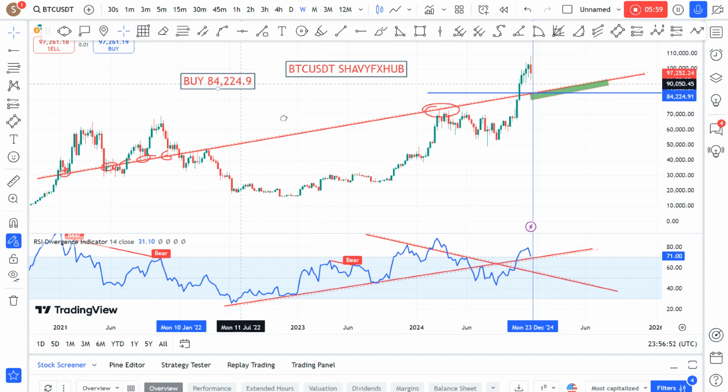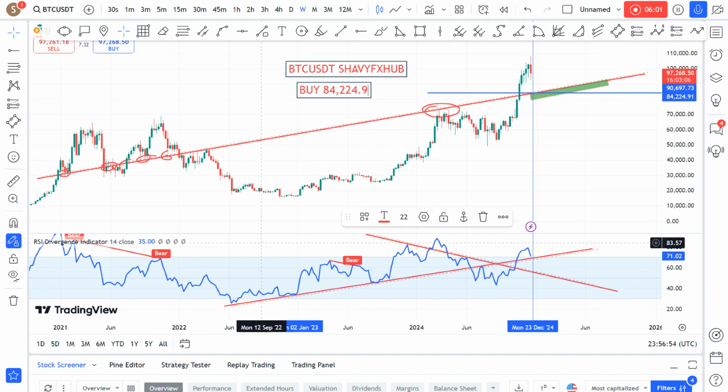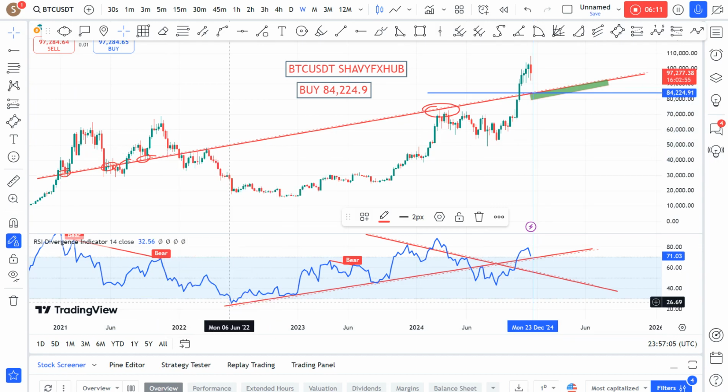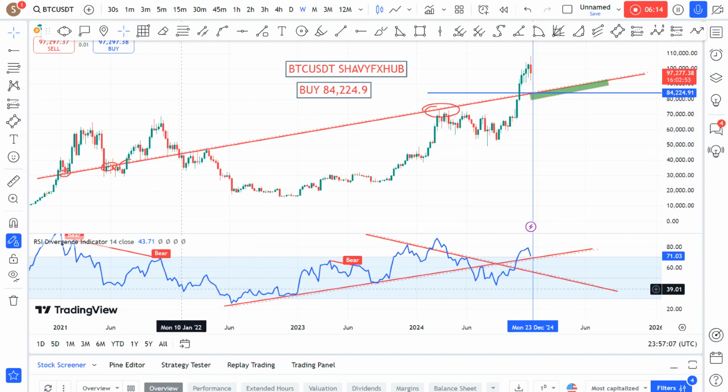So these are potential buy opportunities based on our strategy. And let's further look to see the potency of the trend line, the angle of this trend. We want to look at the potency to see if what we have done is right or wrong.